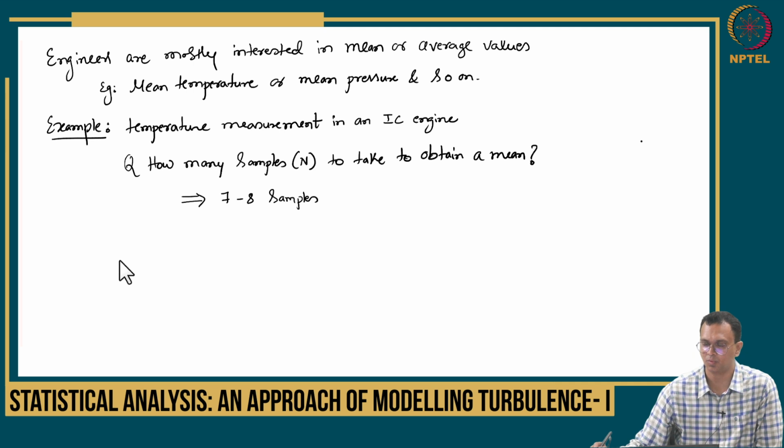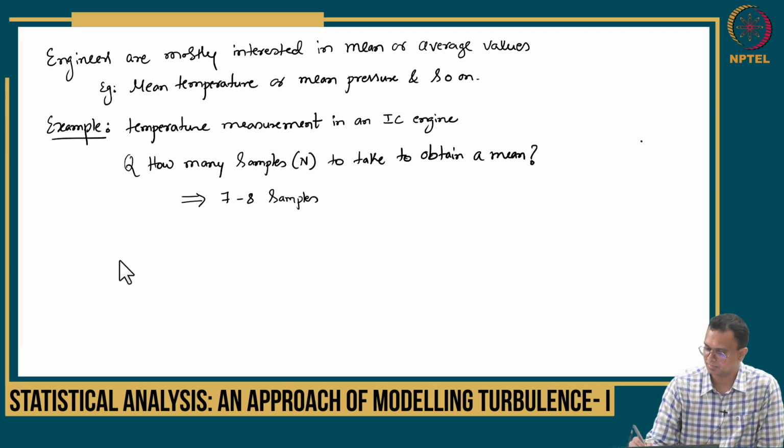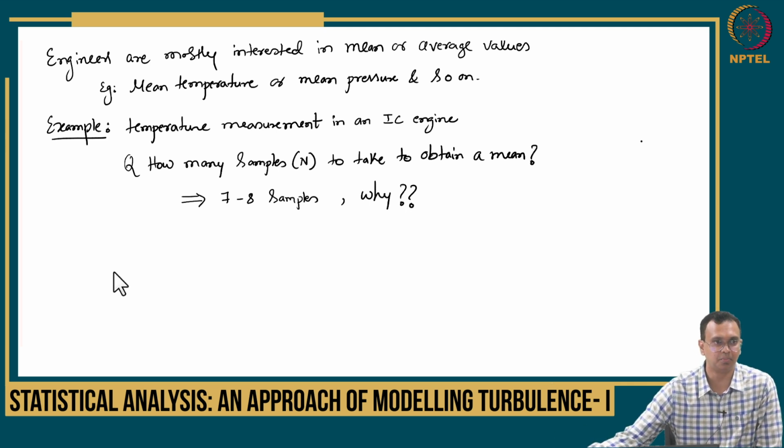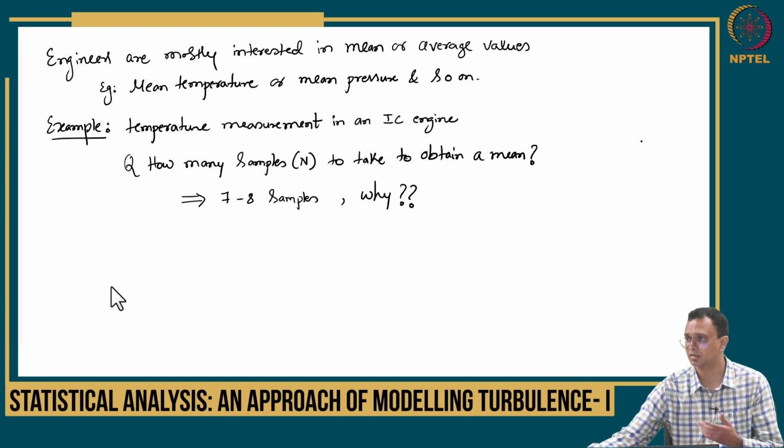8. Why? Why did you take 7, 8 samples and said this is the value? This could be in any laboratory, it need not be in your combustion lab, right? It could be in your vibration lab, where you're looking into some noise, some decibel levels or oscillation frequency. You would have taken some samples in time or independent samples and you would have got a mean.